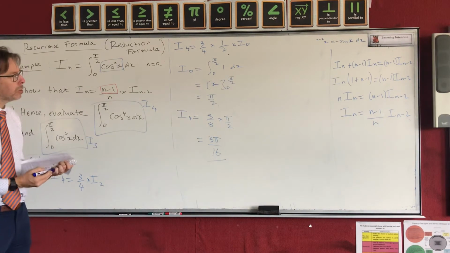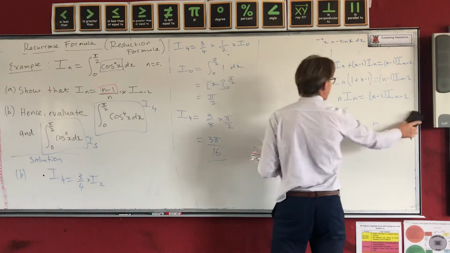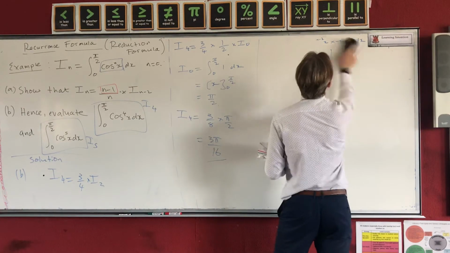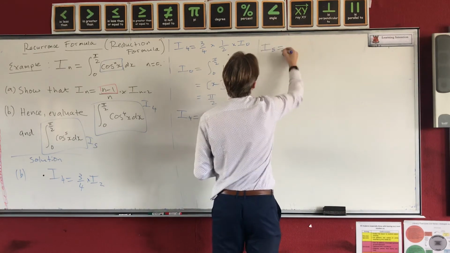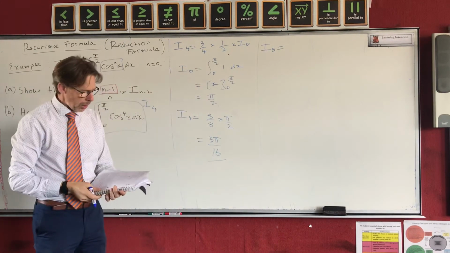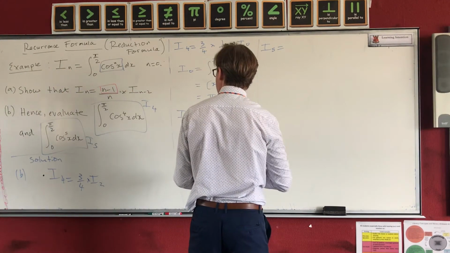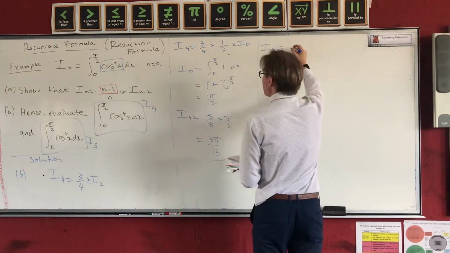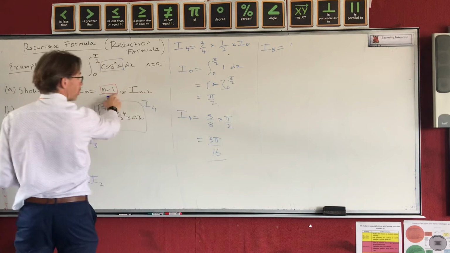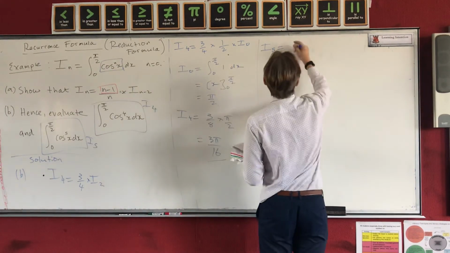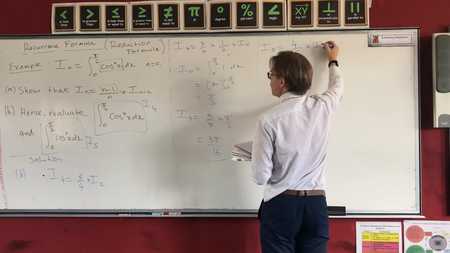Now, let's look at I5. Let's rub this out. Alright, I5. Using this recurrence formula, I5 is equal to 4/5 times I3.